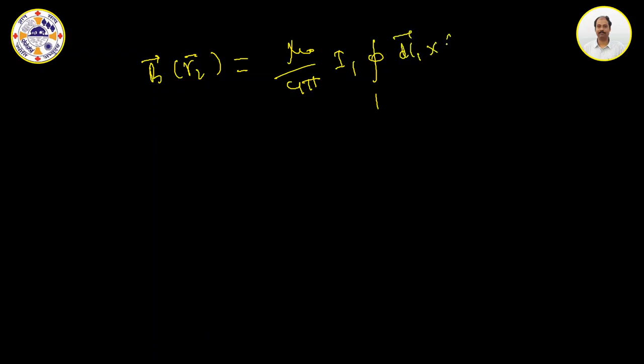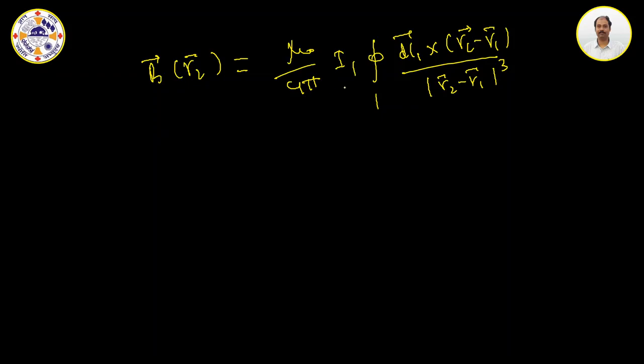So B at the position of R2 can be written as mu 0 by 4 pi into I1 closed integration over 1 dl1 cross (R2 minus R1) divided by |R2 minus R1| cube.